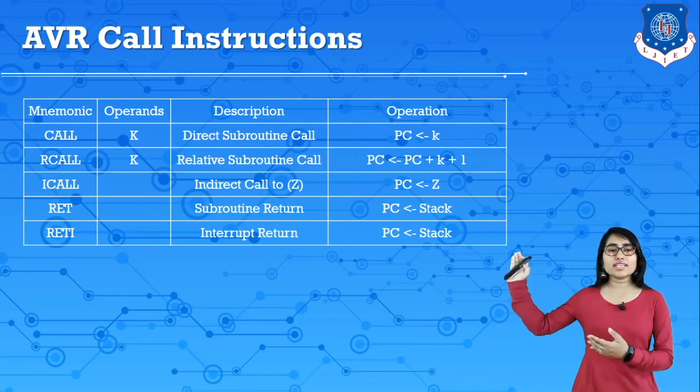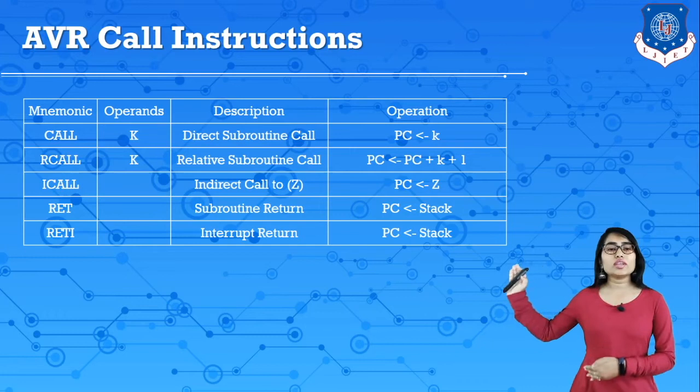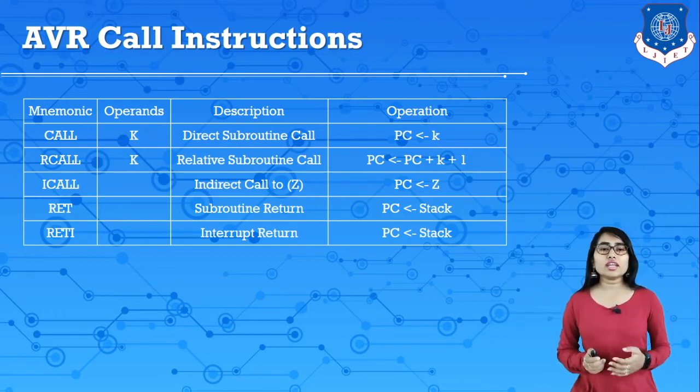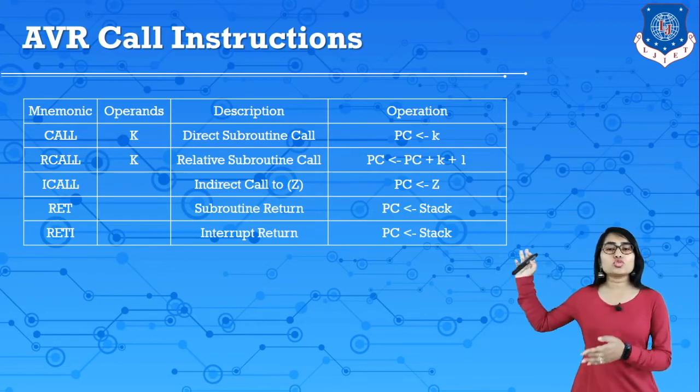First is the call instruction. For the call instruction there is a need of an address, so it is denoted with K. This is a direct subroutine call. Whatever the content of K is, it is directly copied into the program counter.